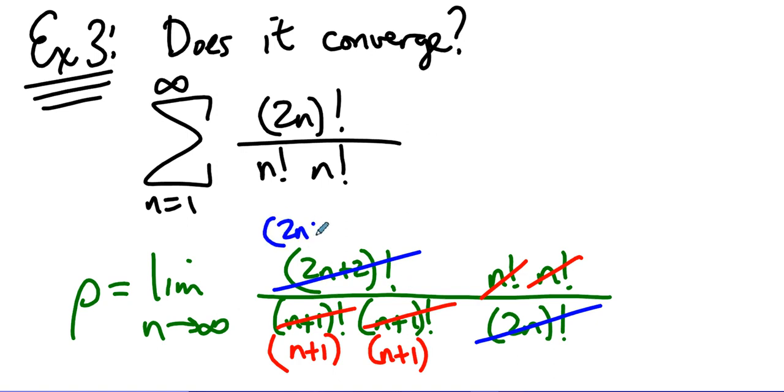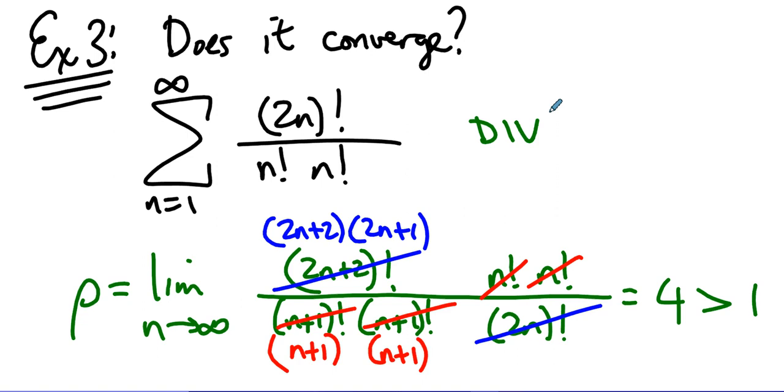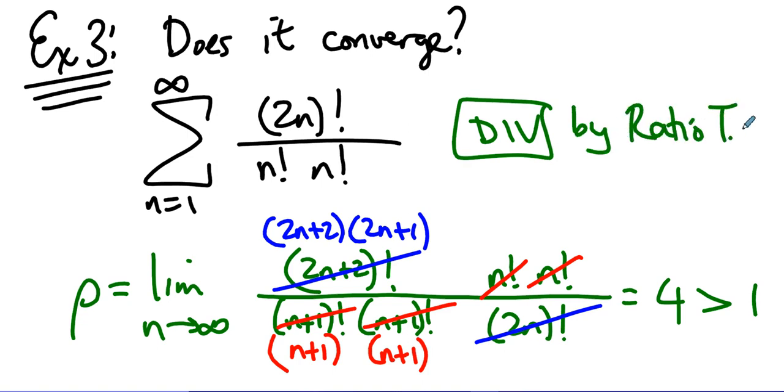So what's left here is 2n plus 2 times 2n plus 1. So we ask ourselves, the limit at infinity of 4n squared blah blah blah over n squared blah blah blah. That's 4. 4 is bigger than 1. This series diverges by the ratio test.